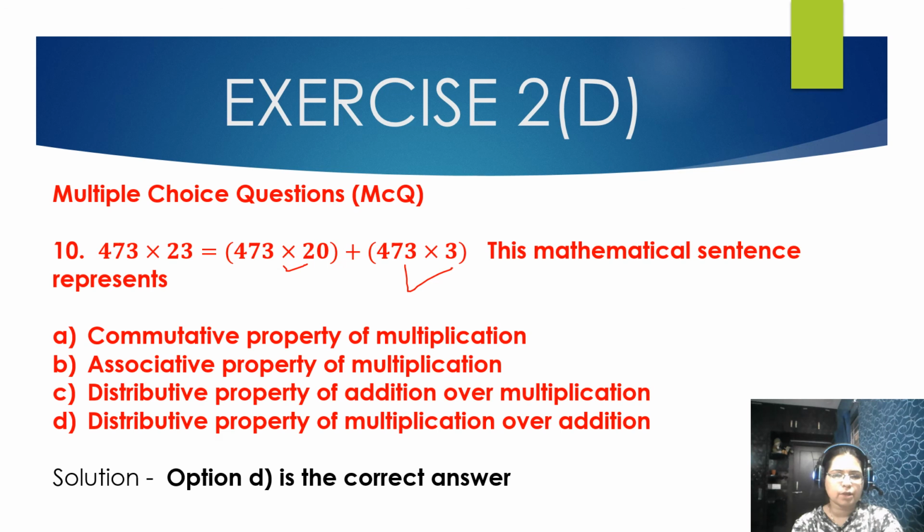This mathematical sentence represents: the first option is commutative property of multiplication, then associative property of multiplication, distributive property of addition over multiplication, and distributive property of multiplication over addition. We have to find out which option is the correct description of this expression.